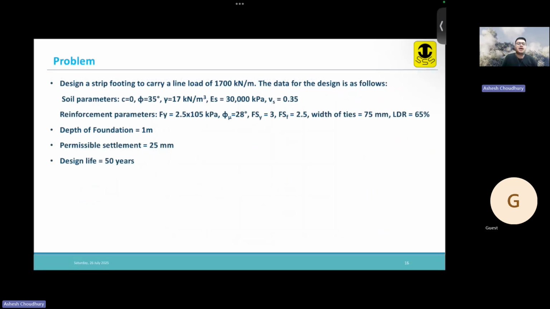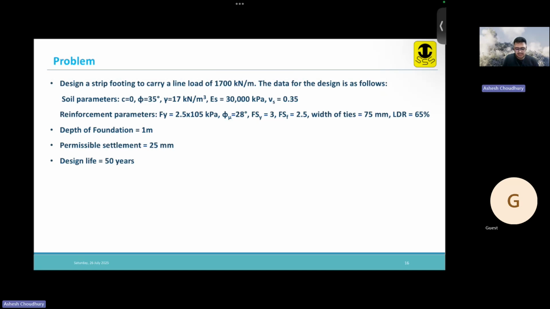Let us see this question. Design a strip footing to carry a line load of 1700 kilonewton per meter. The data for the design is as follows. Soil parameters are given.